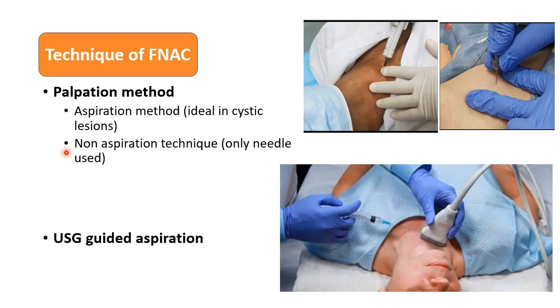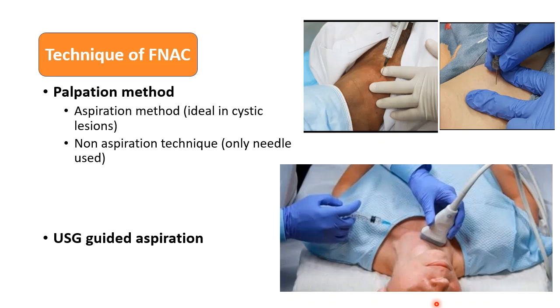So this is similar to the routine FNAC that we do. In aspiration method, usually it is ideal for cystic lesions where we aspirate the cyst fluid with the help of a syringe. Whereas in non-aspiration technique, we use a needle and directly needle the lesion and take out the aspirate.